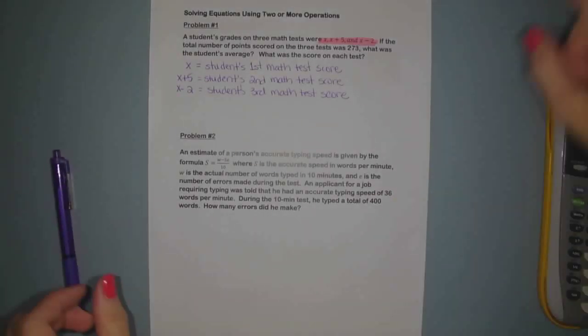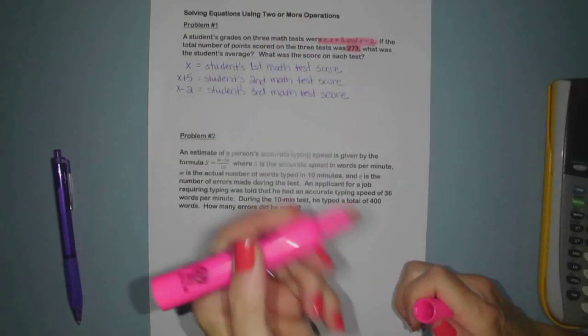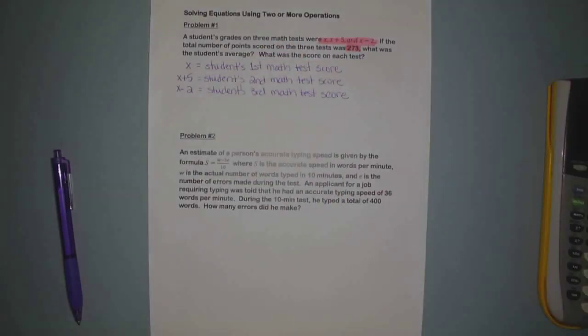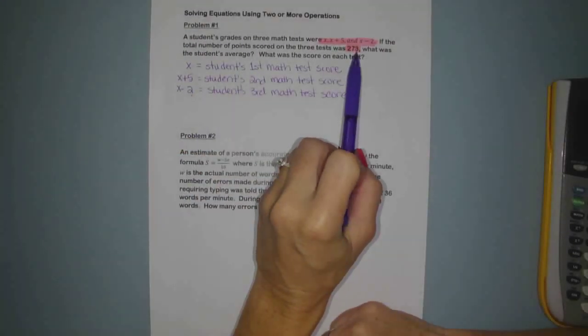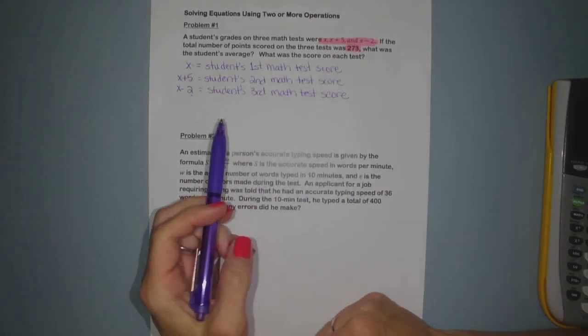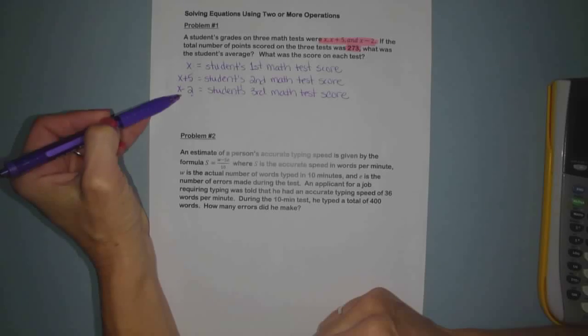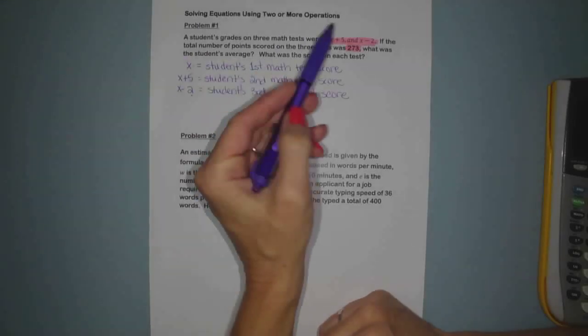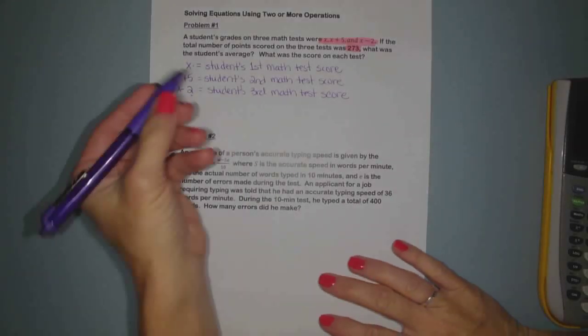Now, we know another key ingredient, which is this number 273. We know that when we add all the points together, our total is 273 points. So the way I'm going to show that in algebra is I'm going to add these 3 expressions together and set it equal to the total, 273. That might look something like this.